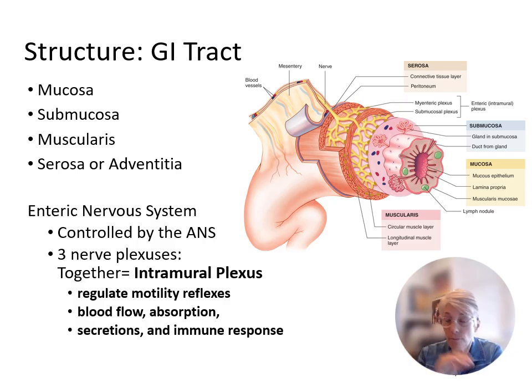And they are the 3 together. Don't worry about each one, but the 3 together form the intramural plexus. And these different layers regulate the motility reflexes, motility meaning how things move through this, blood flow, absorption, secretion, and immune response. So they do a lot of different things.